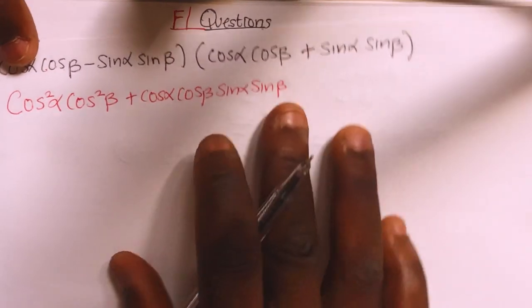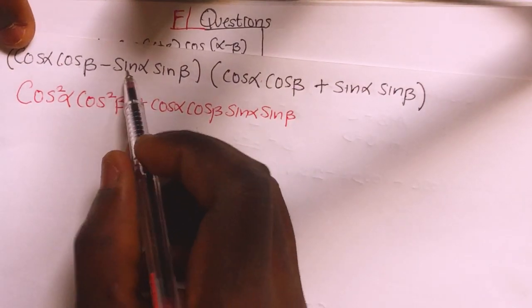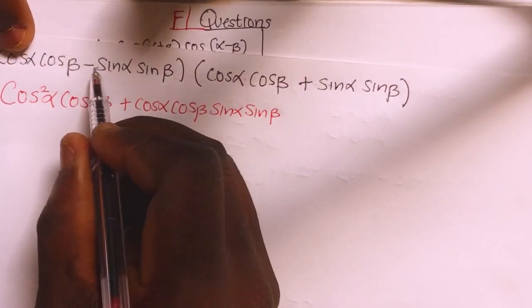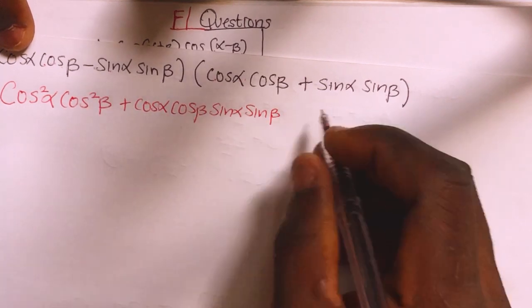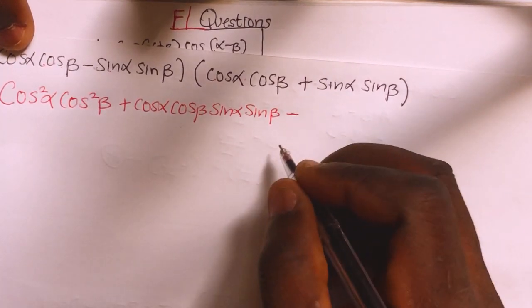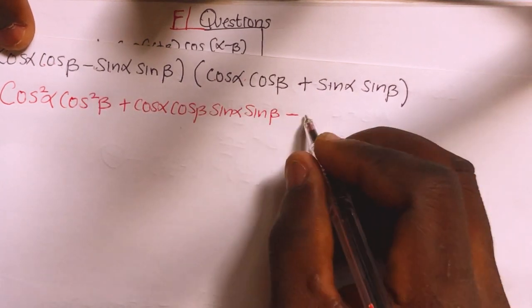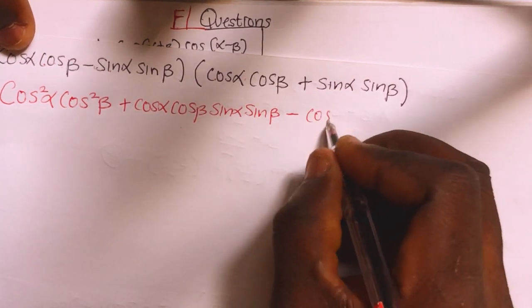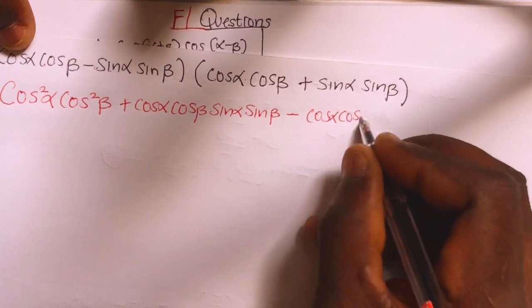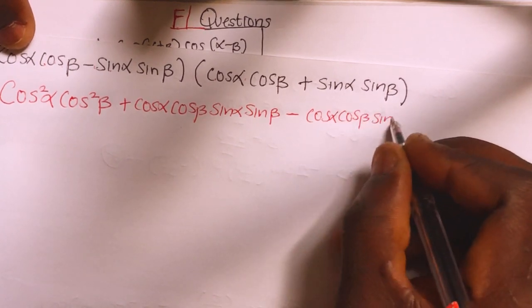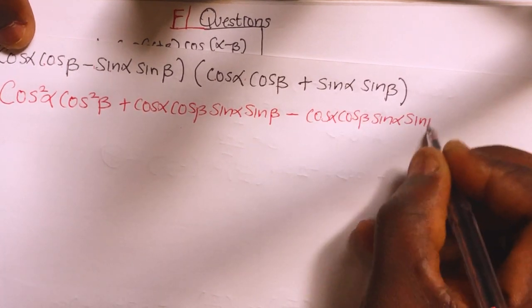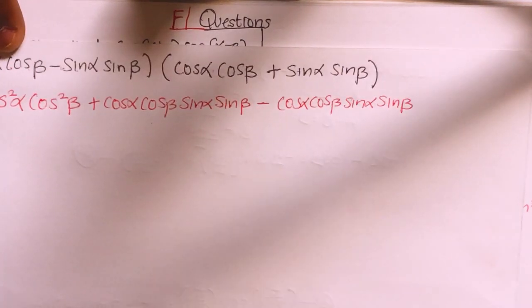Then this multiplied by this will be minus again, because the negative sign is here: minus cos alpha cos beta sine alpha sine beta, any way you like.